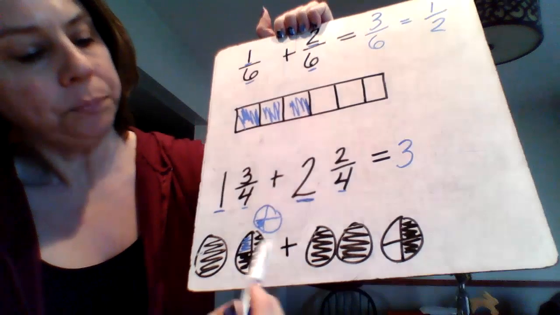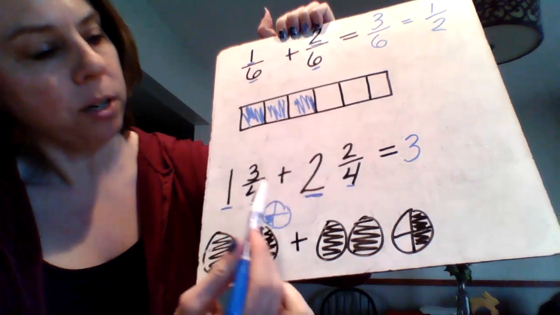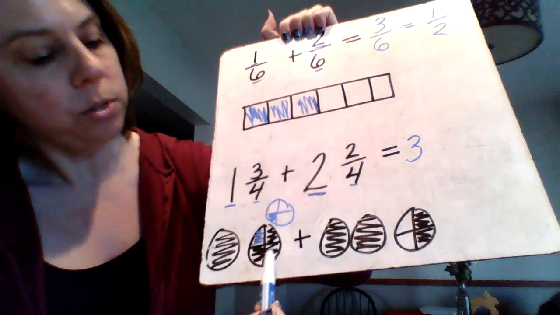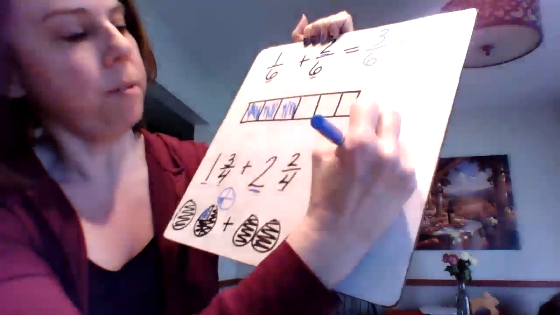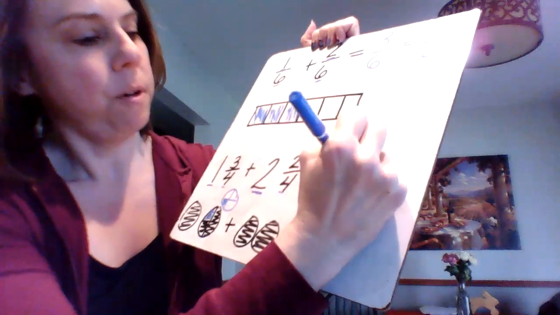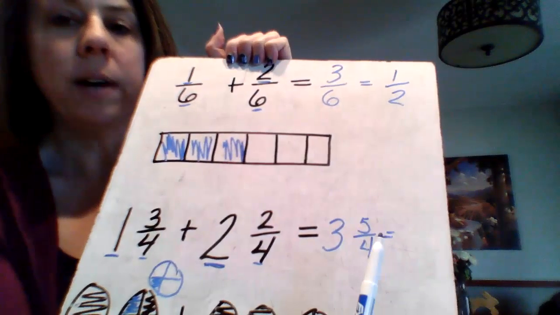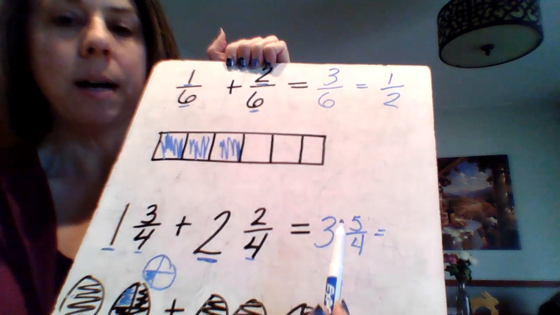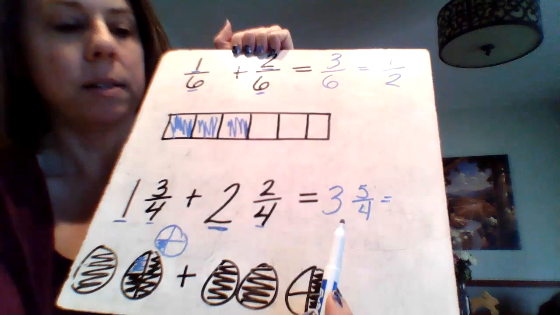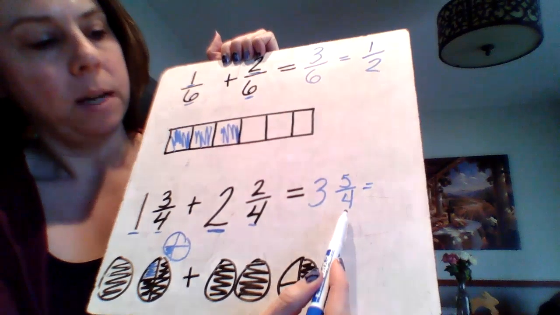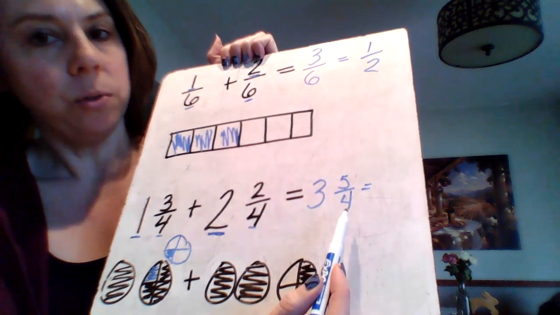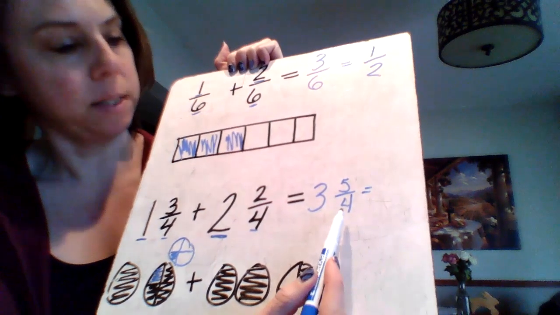And so now, if we count the number of parts, we had 1, 2, 3, 4, 5. So 5/4. However, that's what we call an improper fraction because the numerator on the top is bigger than the denominator on the bottom. And so we want to change that into a mixed number.